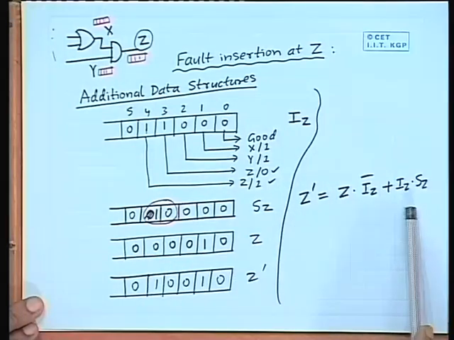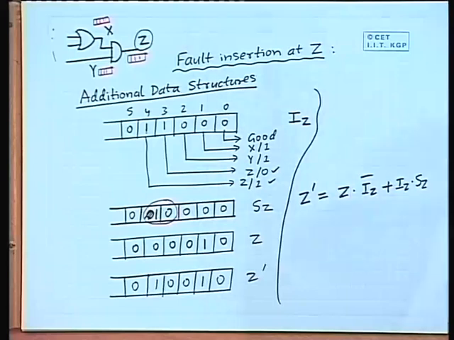So, this formula is used to make this modification, and in essence this is how the method of parallel fault simulation works: you start from the primary input side, you go on systematically tracing the circuit from input to the output. At each line in the circuit you maintain these lists, you manipulate the lists, you evaluate the value you get for that particular output of the gate before you proceed to the next level, and you go on repeating this.